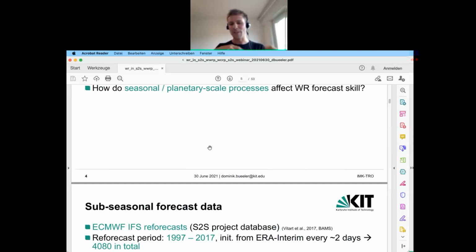Then we can objectively identify an onset and a decay, and the time in between is then our life cycle, which is at minimum 5 days, but it can go up to 40 days. And all these events we define as life cycles, and we count these numbers of life cycles in the model and compare it to ERA-Interim. I'm not sure if this answers your question.